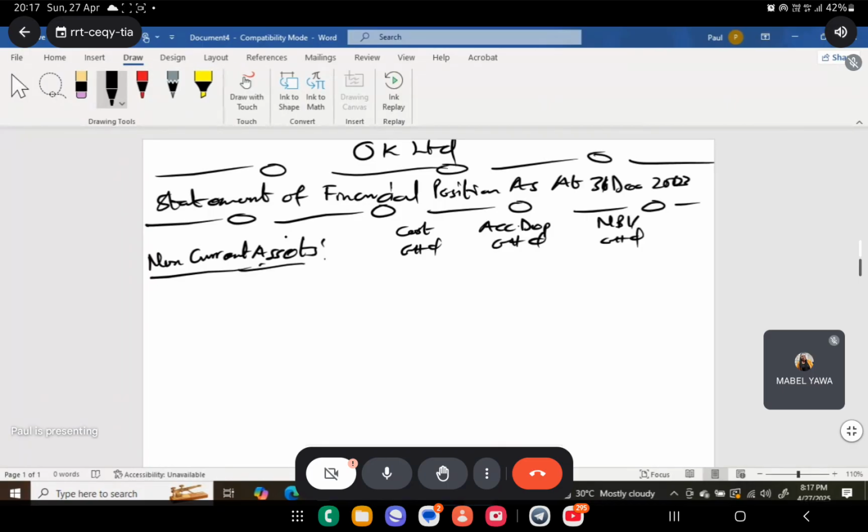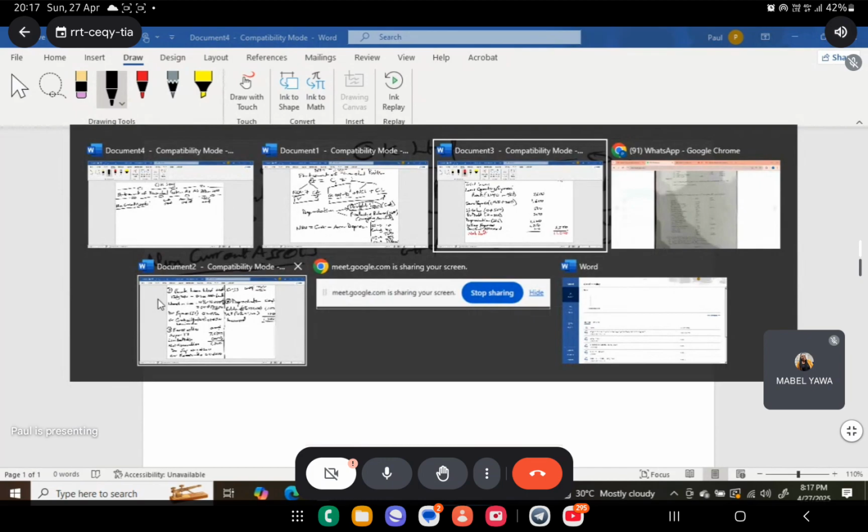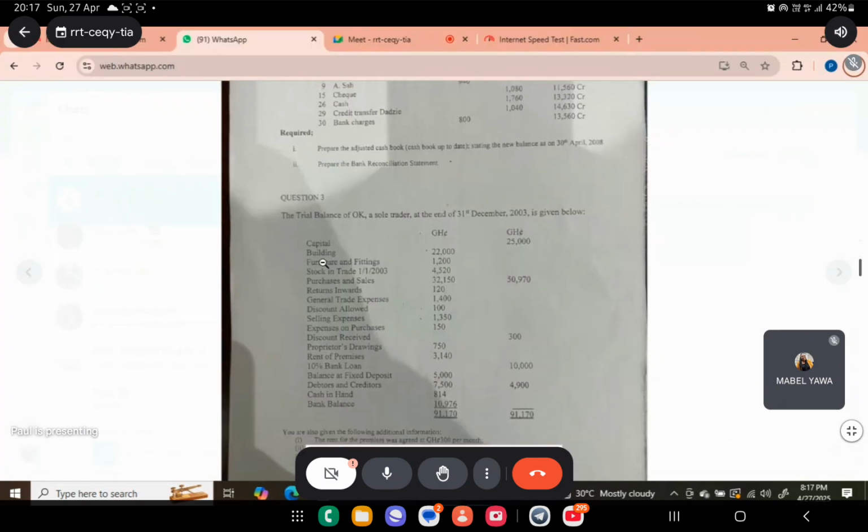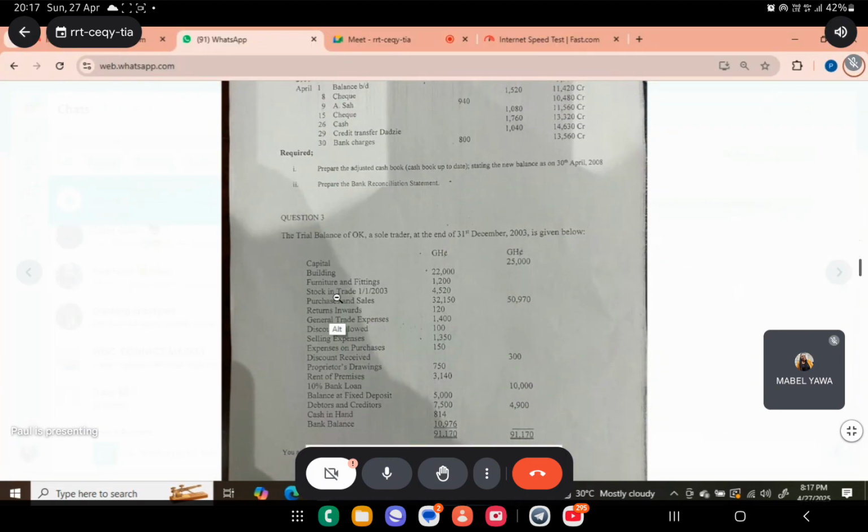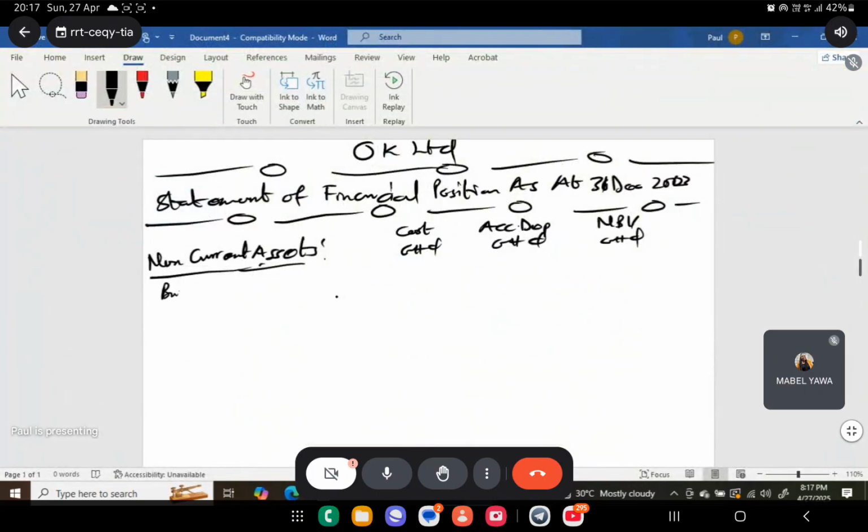The non-current assets in the question are two things: building and furniture and fitting.